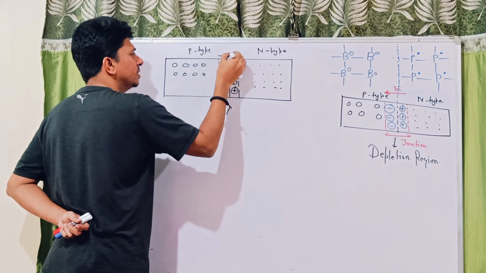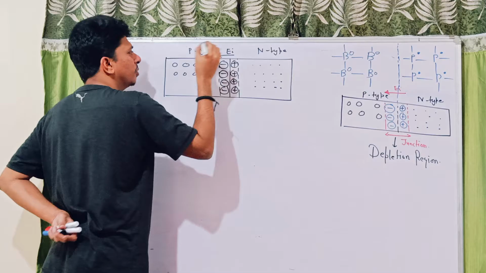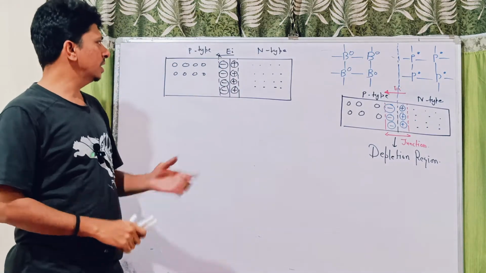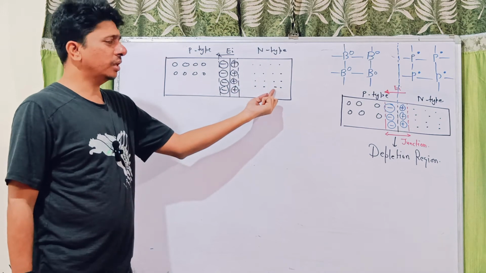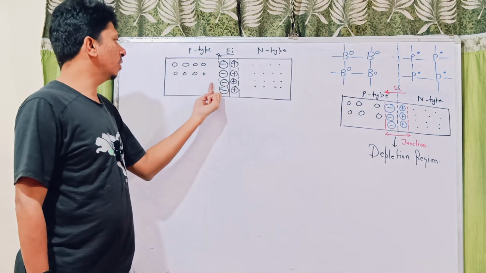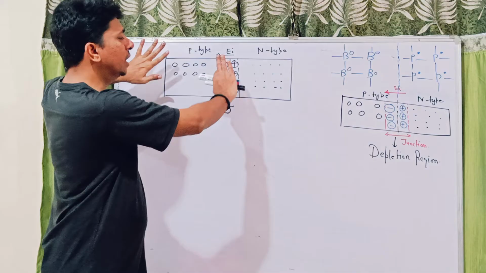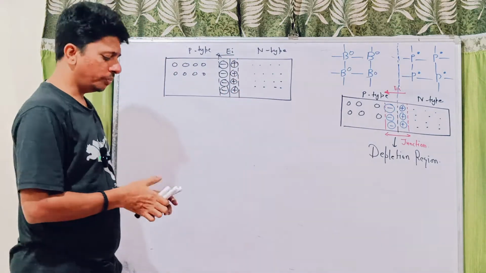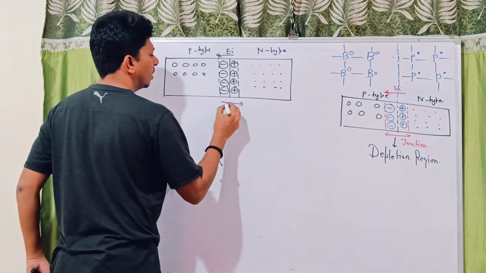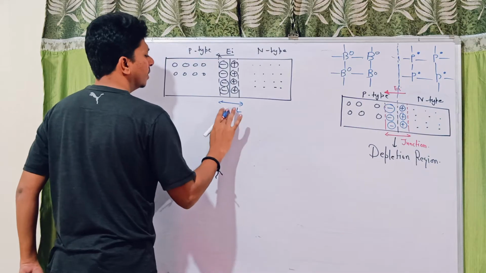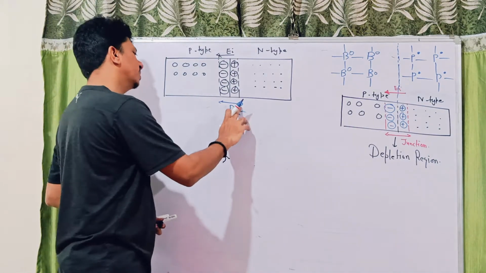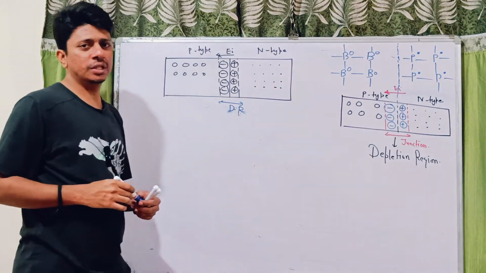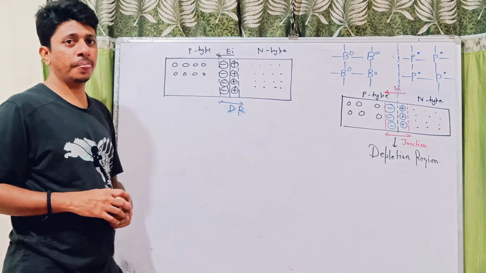Because of this, a small electric field is generated, and this electric field does not allow the holes to go this way, and exerts an opposite force on the electrons, so they will not go there. So no deal is going on, and this is exactly the scenario called the depletion region. I am calling it the depletion layer, or DL, or depletion region, or DR.